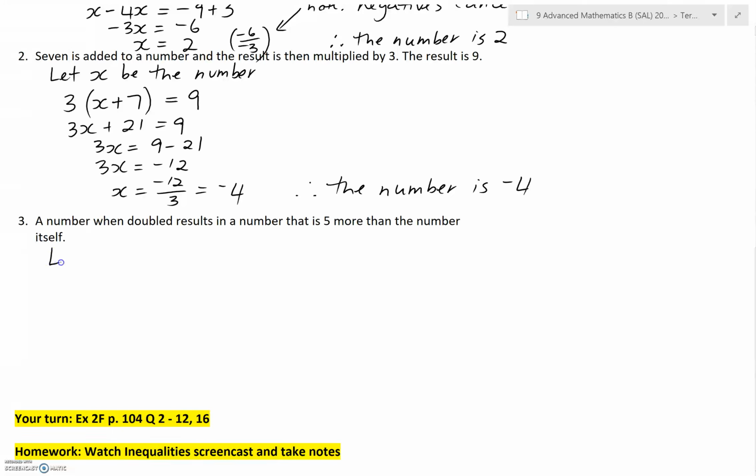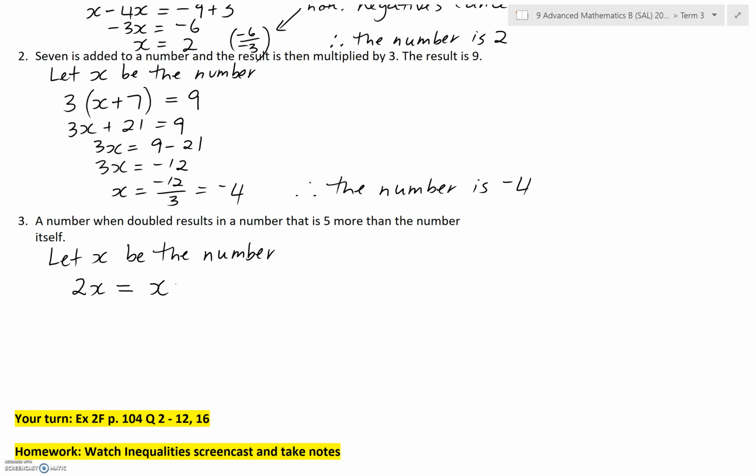So sounds a little bit complex, but the very first thing we're going to do is again define the variable and then let's break it down. A number when doubled, so x is the number. When we double it, we write 2 times x, results in, or is equal to, a number, again the same number x, that is 5 more than the number itself.